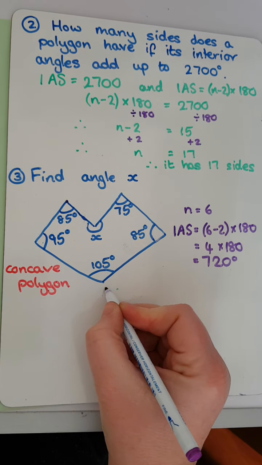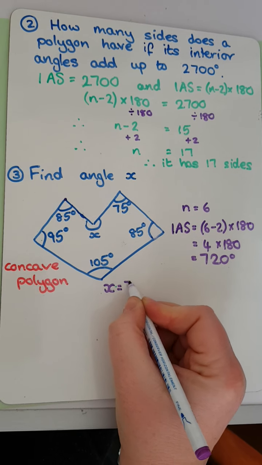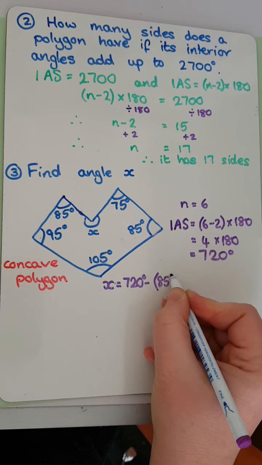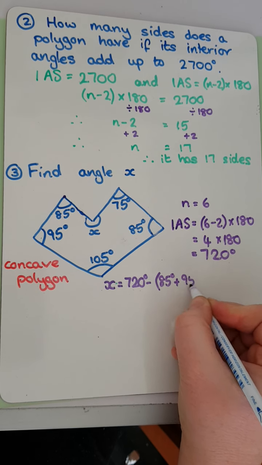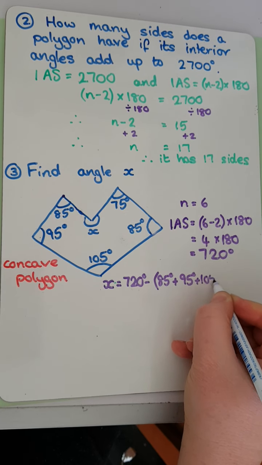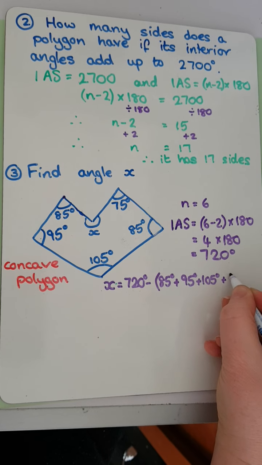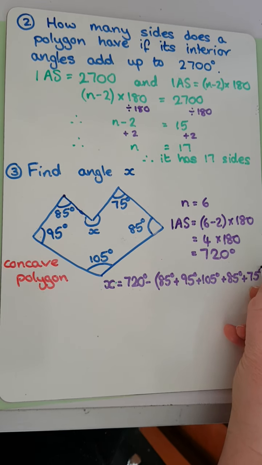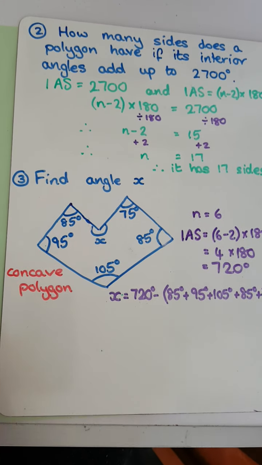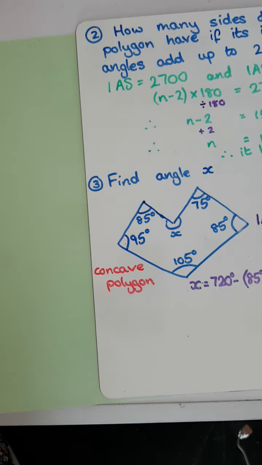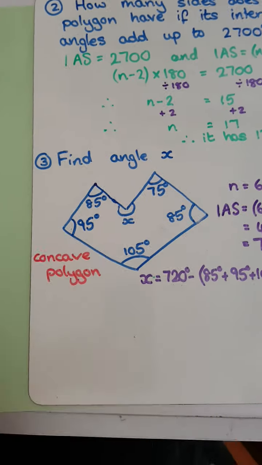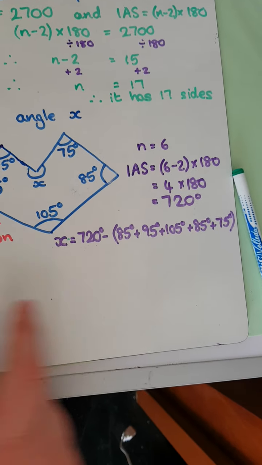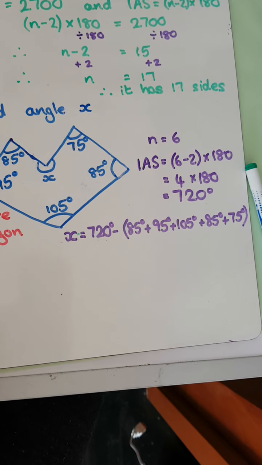But I'm going to try and write it out nicely as a mathematical sentence. So we've got that x is going to be 720 take away 85 degrees plus 95 degrees plus 105 degrees plus 85 degrees plus 75 degrees. Excuse me while I get my calculator. We'll add up those ones that are in that bracket.